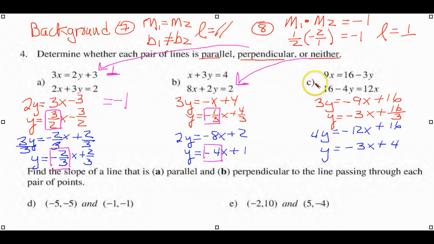Now when we did the last ones, we found that the slope of the first equation was -3, and the second equation was -3, so the slopes are the same. And here our y-intercept is this fraction and this whole number, and they're different.